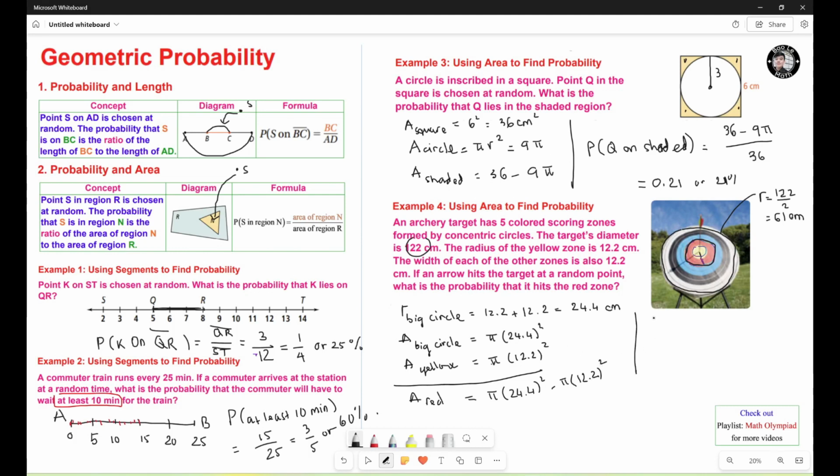You need to calculate the area of the target. The target has a radius of 61 centimeters, which is the entire circle right here.